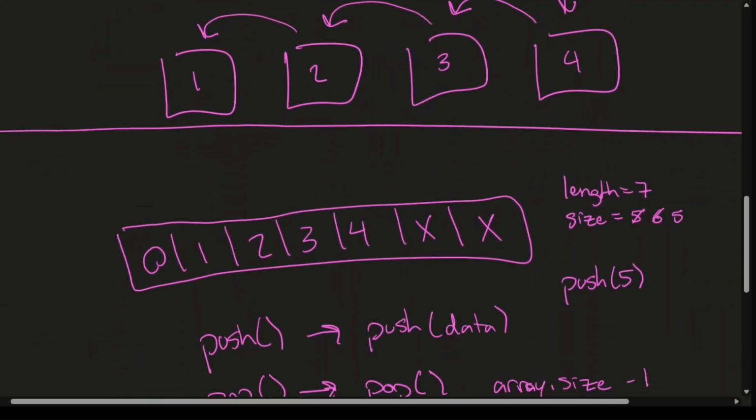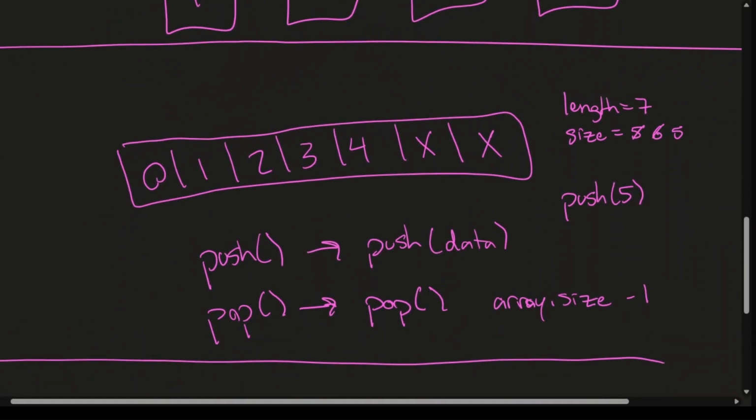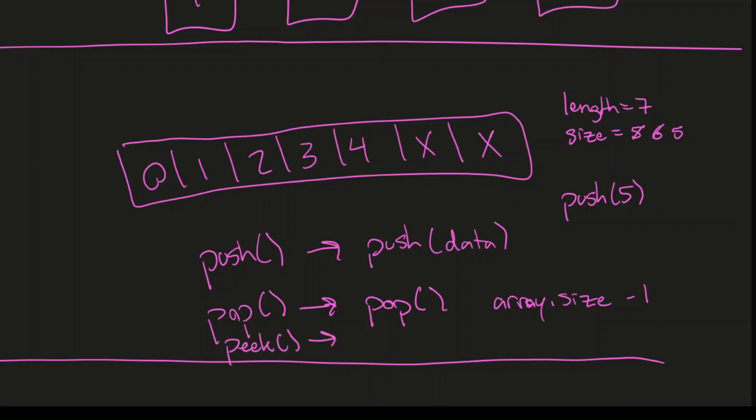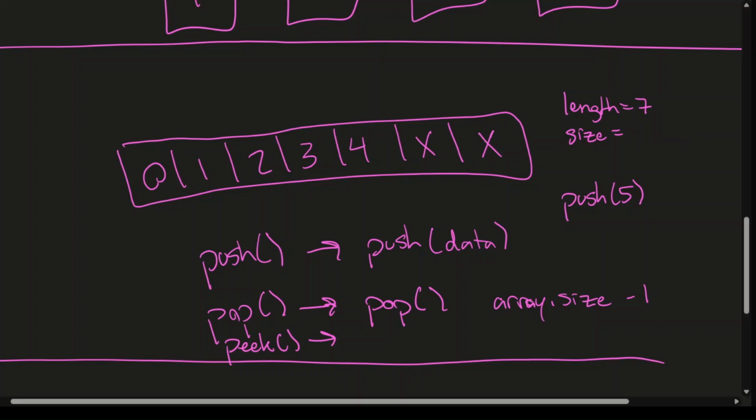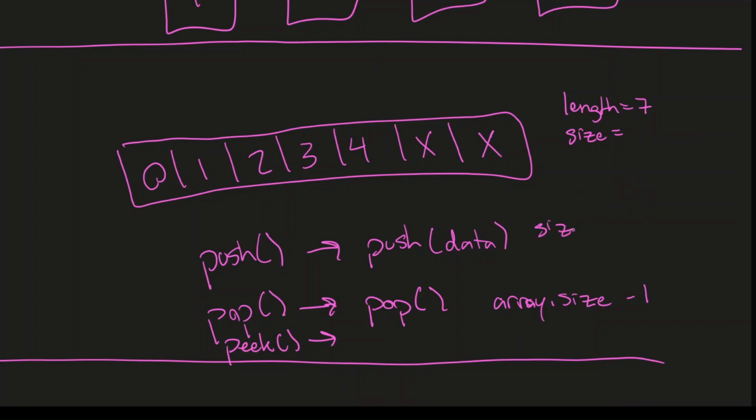Now let's look at how to do push, pop, and peek within functions. So let's say we have an array that has 5 elements, 0 through 4, and let's go over how some of these functions would work. And so push pushes data at size, like we said earlier. It will put it at the closest available spot in an array.